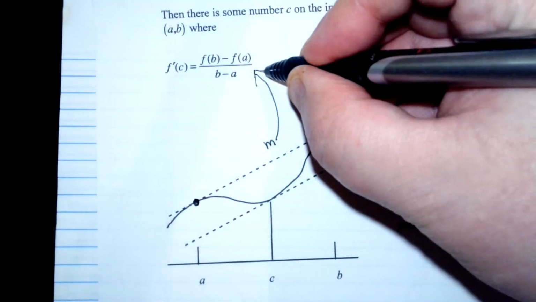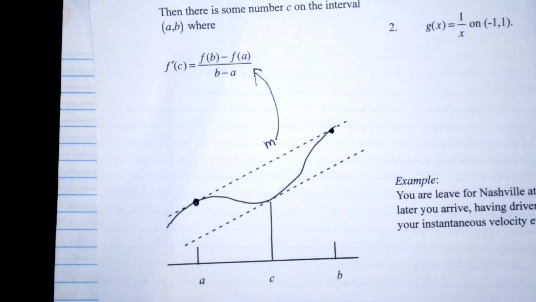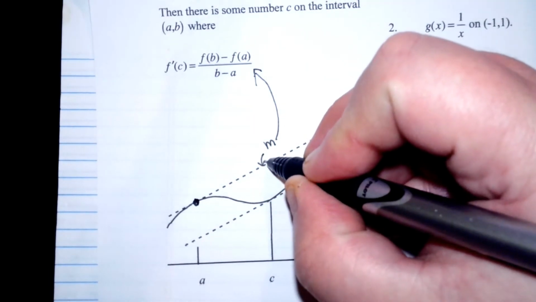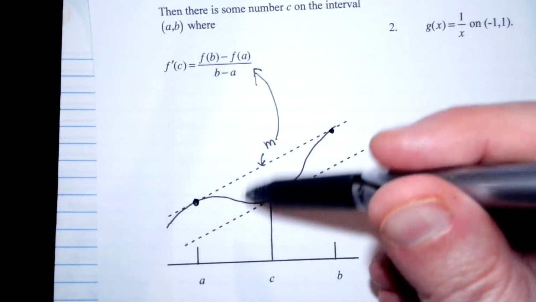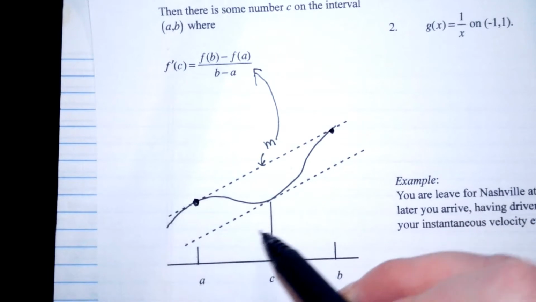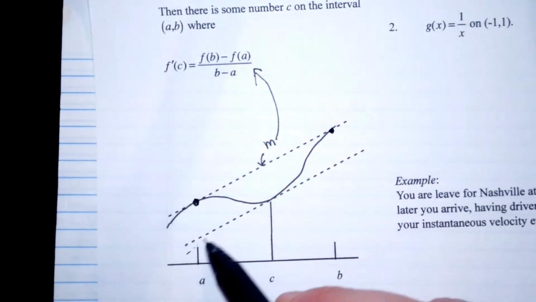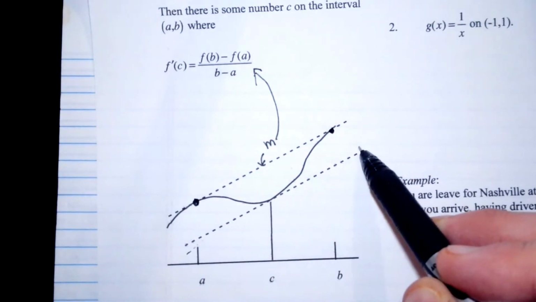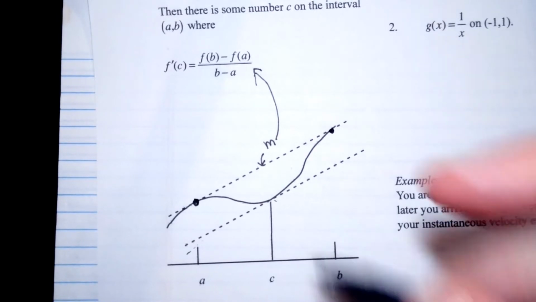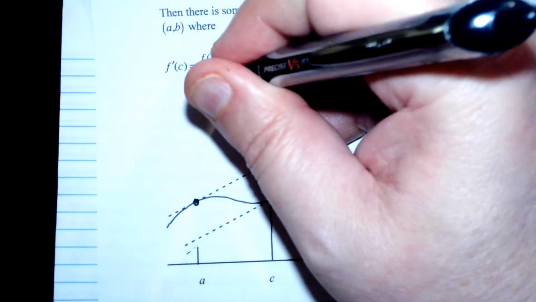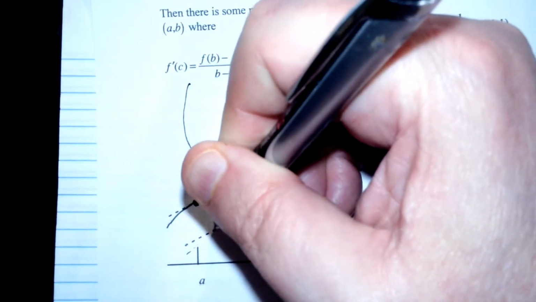The slope of that secant line is f of b minus f of a over b minus a. So what the mean value theorem says is that in the event that those two conditions are met, there is a number c where the slope of the tangent line is equal to the slope of the secant line.